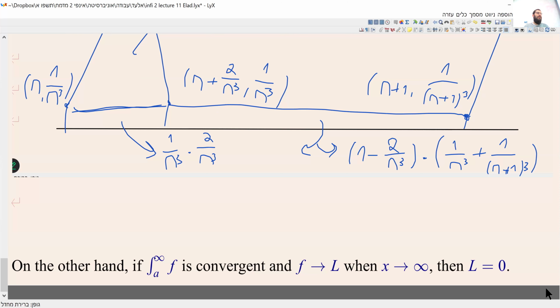Another example, if you know that f is a monotonic function and the integral converges, then it must go to 0. So mainly there are conditions on f that make it go to 0 when the integral is convergent. But the basic notion that convergence means going to 0 doesn't hold here when it comes to integrals.